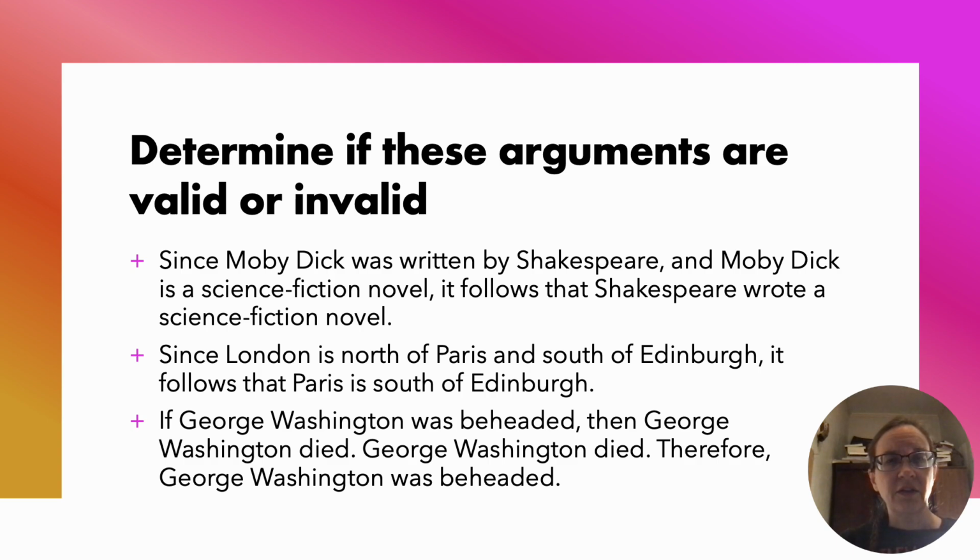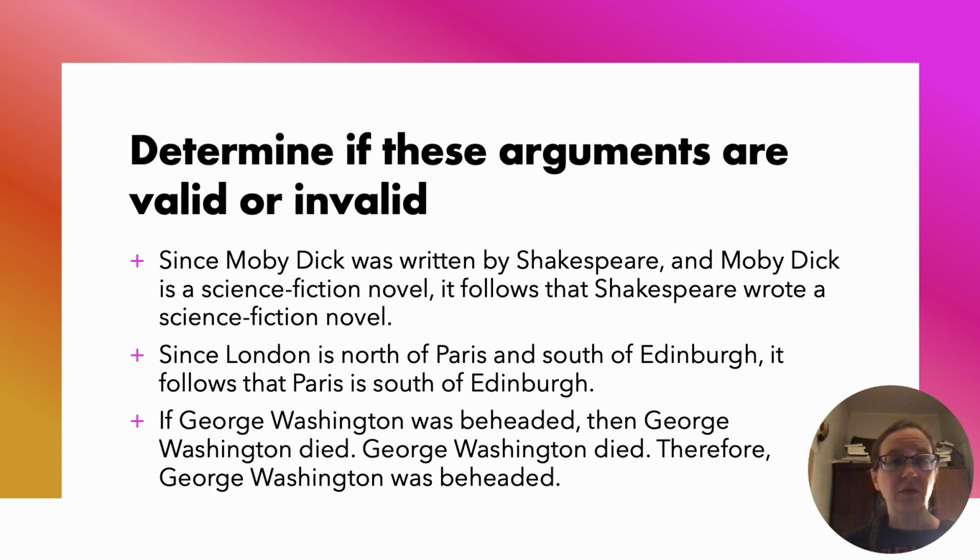Second one, this one I think he would call an arithmetic argument or whatever he called it, where it's based on mathematics, deductive argument. You just have to figure out north and south here, which is kind of mathematical. So if London is north of Paris and south of Edinburgh, then is Paris south of Edinburgh? I mean, if you kind of were to draw a little map, you would see that that's obviously true.